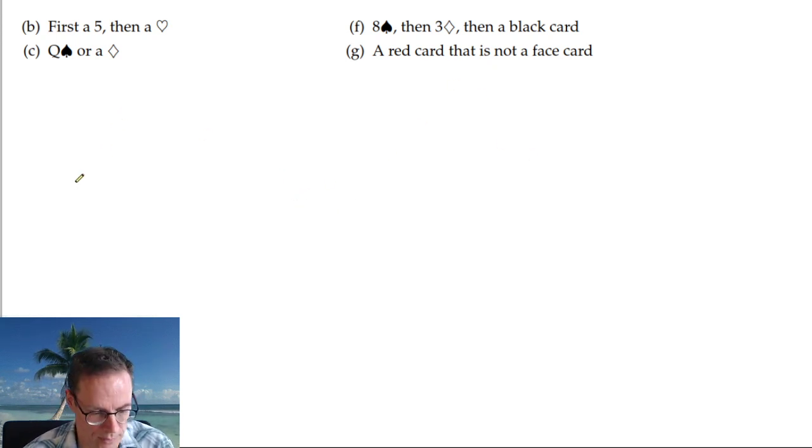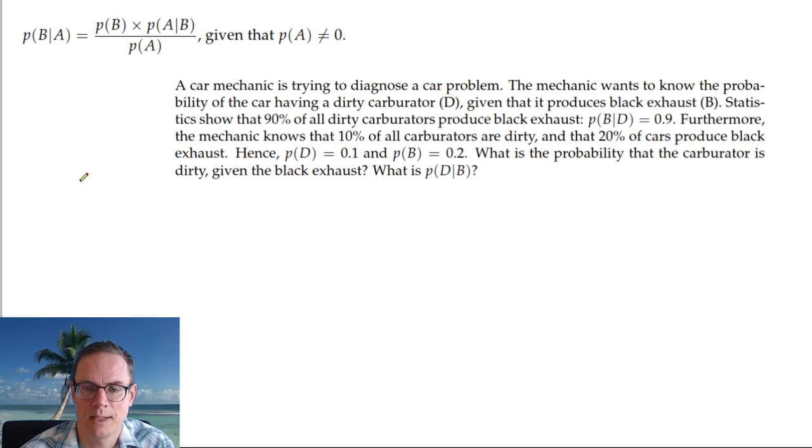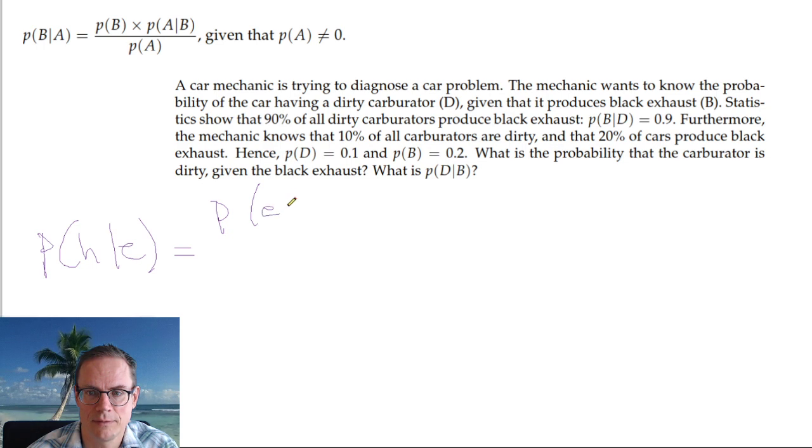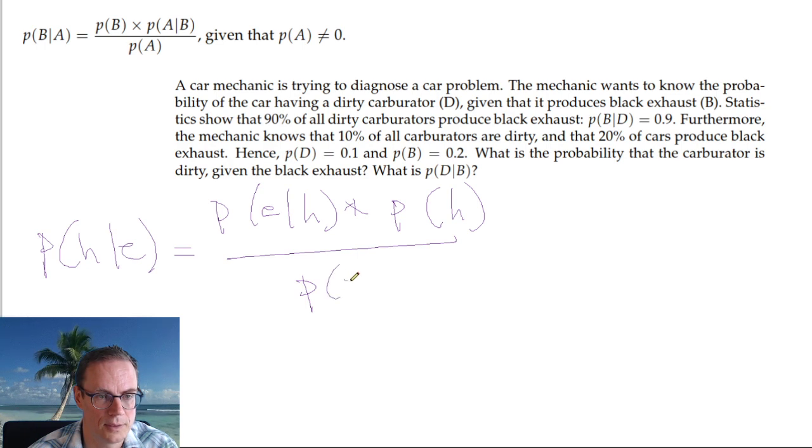All right, and now we come to applications of Bayes' theorem to a number of puzzles or questions. Now, Bayes' theorem is usually written: the probability of the hypothesis given the evidence equals the probability of the evidence given the hypothesis times the probability of the hypothesis divided by the probability of the evidence.